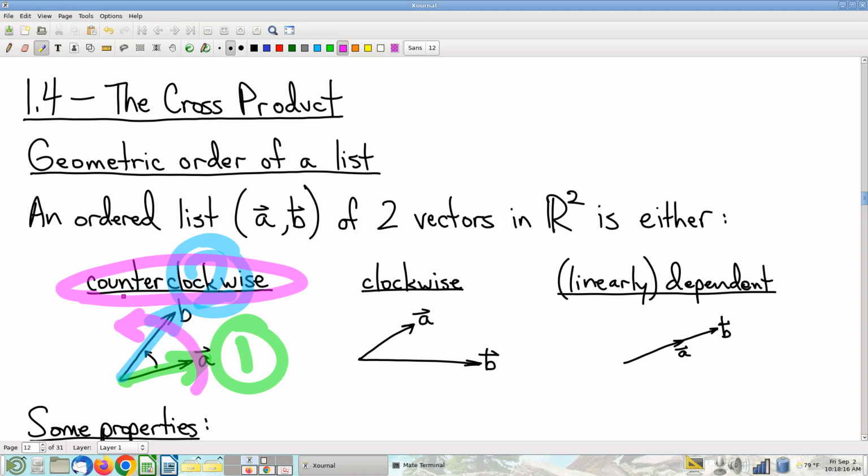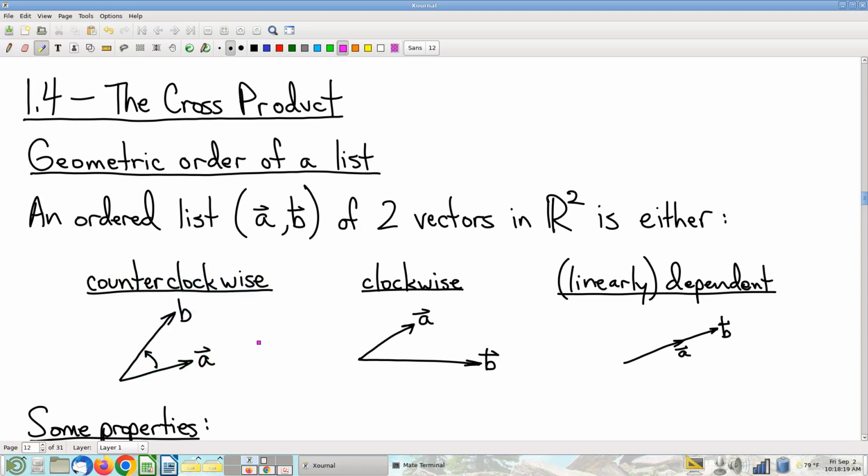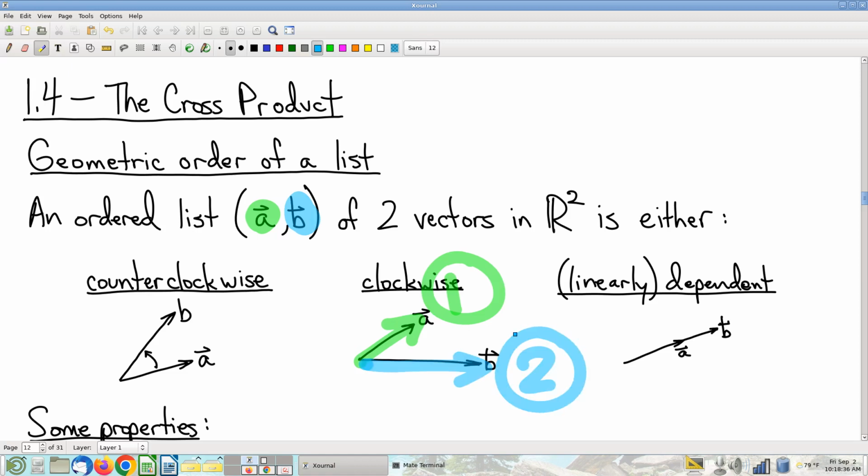Now, on the other hand, let's suppose that the vectors were different. Again, A is the first one. Suppose this was A. And let's suppose, keeping in mind that B is the second one, there's my B. Given these vectors in that order, first, second, this one we would reasonably call clockwise.